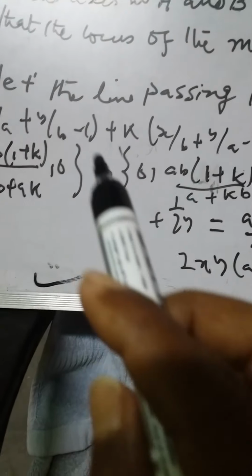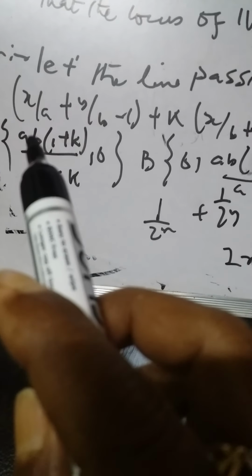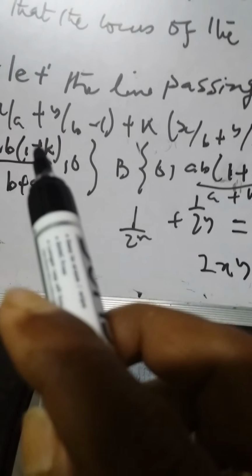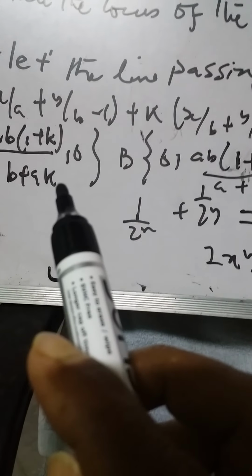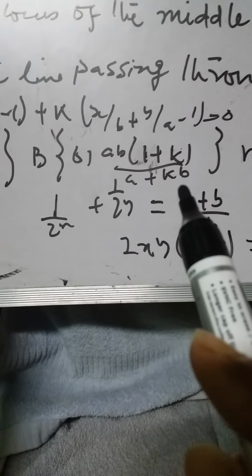Then we get the coordinates of A and B: A cuts the x-axis at (ab(1 plus k) by (b plus ak), 0), and B at (0, ab(1 plus k) by (k plus ab)).